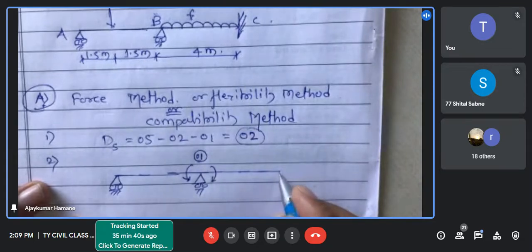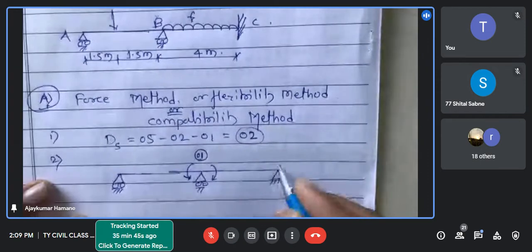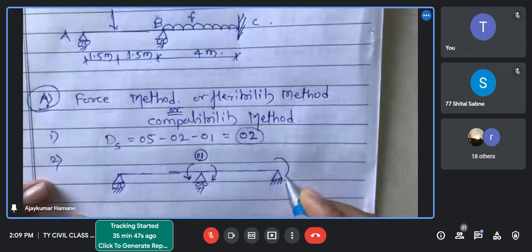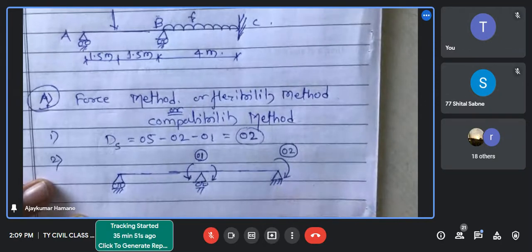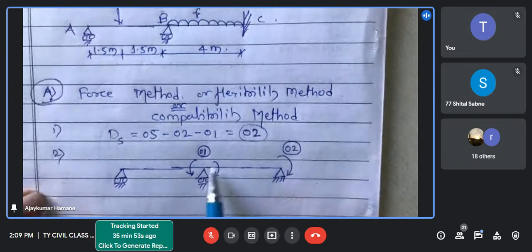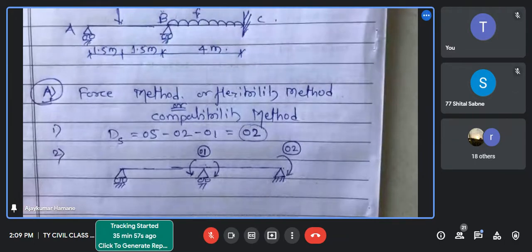Here we have a fixed support, I will make it a pin support, and whatever the third is, that is a moment. For that I will give the second coordinate. So I have chosen two redundants, 1 and 2. That means I have released the moment at this point and this point.